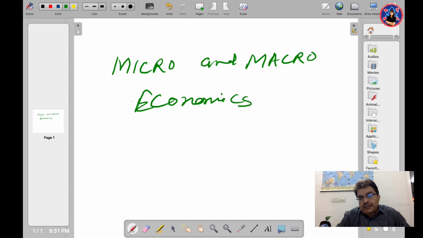Now in the past, two approaches were taken by economists, that is the classical approach and the Keynesian approach. In classical economics, economists like Adam Smith, Ricardo, Marshall, and Mill decided that before 1929 there was full employment in the economy.